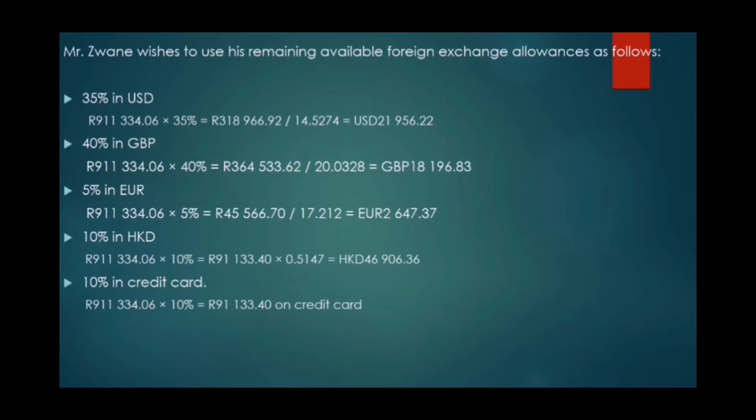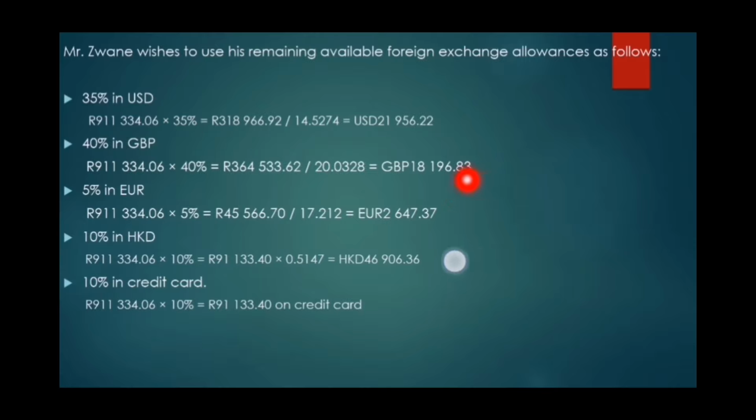Now 40%, he wants 40% in GBP. Then we use the same formula. 40% of 911,000 is then going to be 364,533 rand, divided by the ROE equals 18,196 pounds.